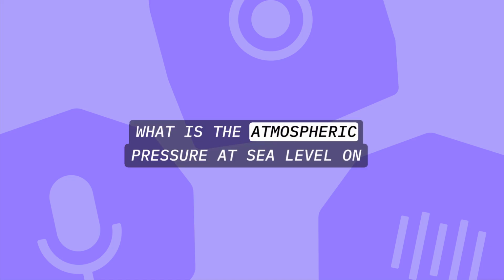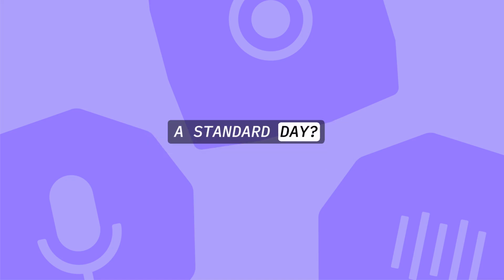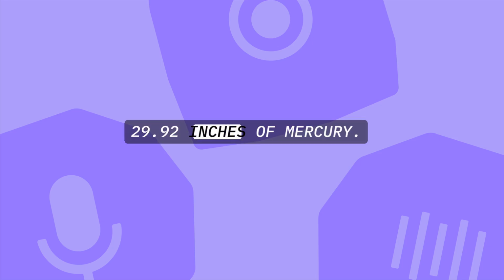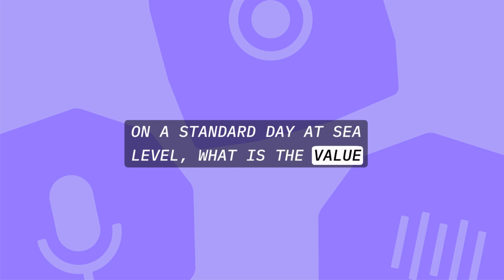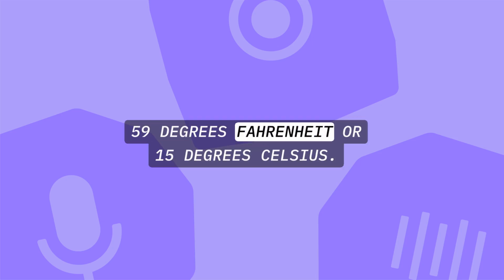What is the atmospheric pressure at sea level on a standard day? 29.92 inches of mercury. On a standard day at sea level, what is the value for temperature? 59 degrees Fahrenheit or 15 degrees Celsius.